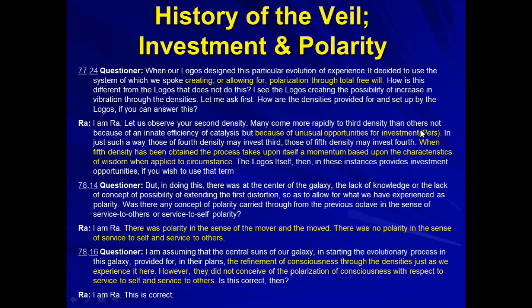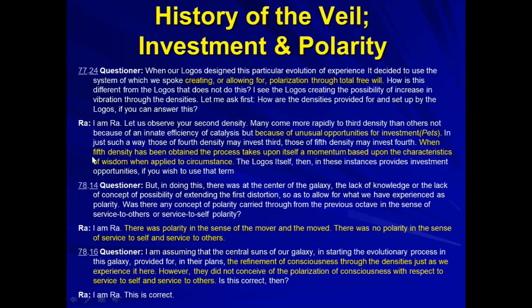That gives them a boost, right? So we invest in second density beings, many people without even knowing what they're doing or why. They just love the animals, but it gives them a boost to be quickly catalyzed into third density beings. They advance more quickly. A lovely way to look at it, I think.